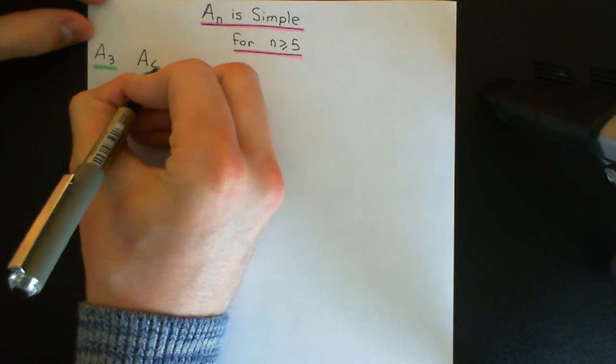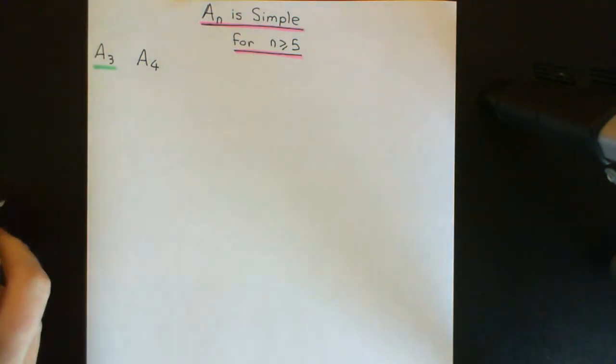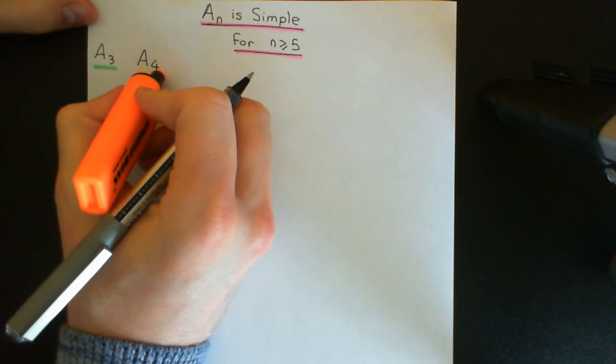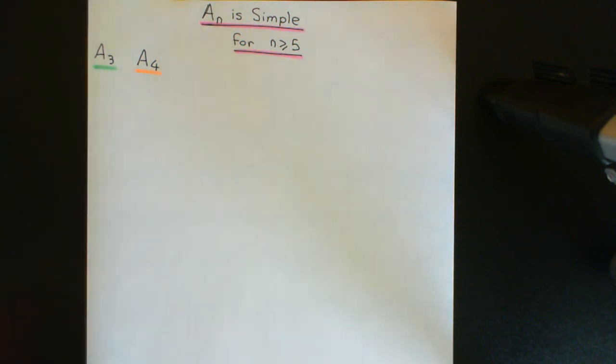We study A4 in the video on groups of order 12 in the playlist on group theory. We show that the alternating group on the set of 4 elements has one and only one subgroup of size 4, the subgroup that contains the identity element and the 3 double transpositions.